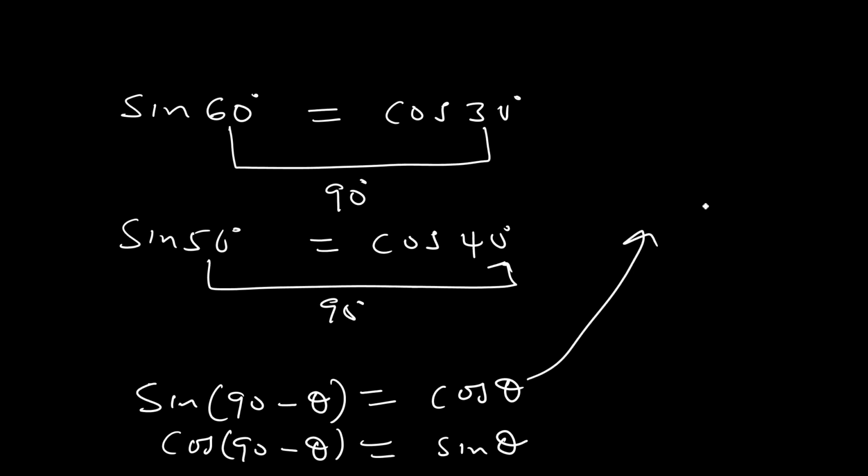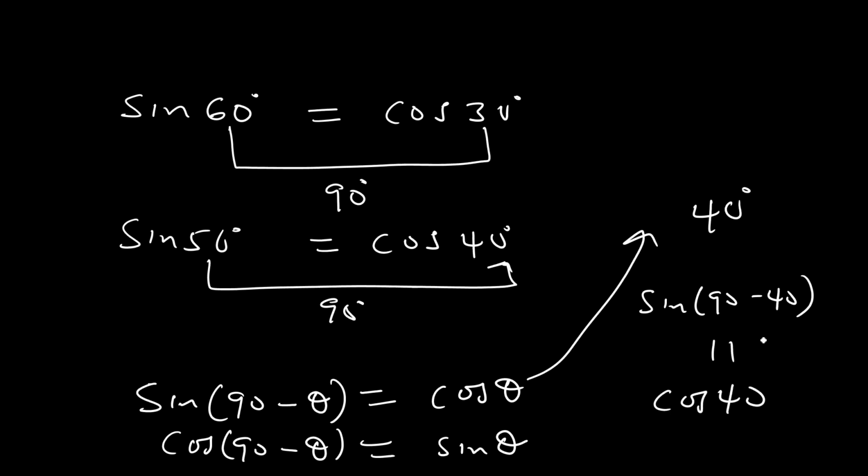Okay, so if theta is, let's say, 40 degrees, just substitute. We have sine of 90 minus 40 is the same as cos 40. So 90 minus 40 is 50 degrees. So that's that. All right, so that is the meaning of complementary angles. Very, very important. Okay.